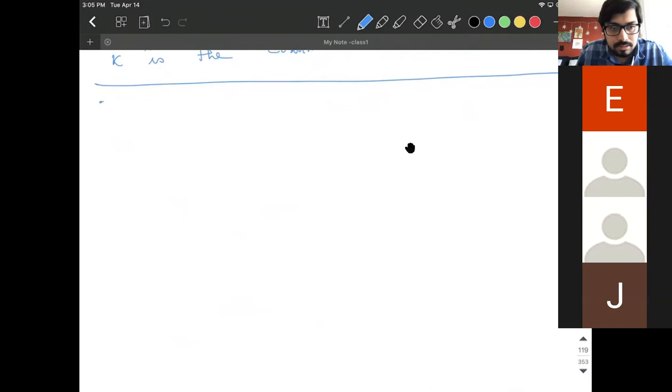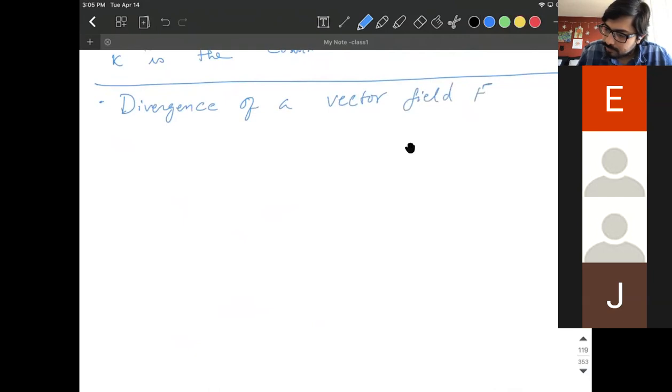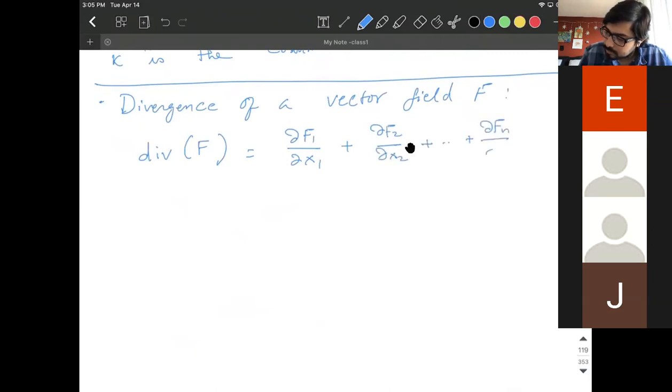Now, the divergence of a vector field F is defined by the sum of del F1 del x1 and so on, where F is given by these functions F1 up to Fn. So this is the divergence.